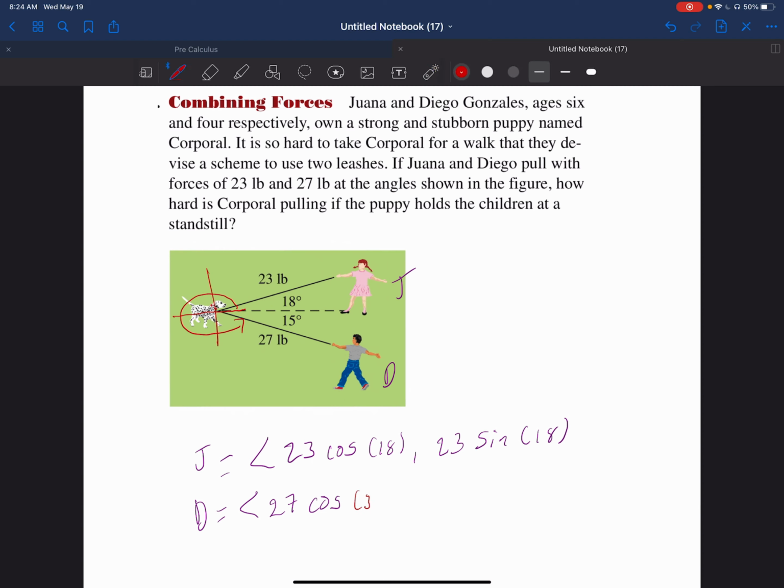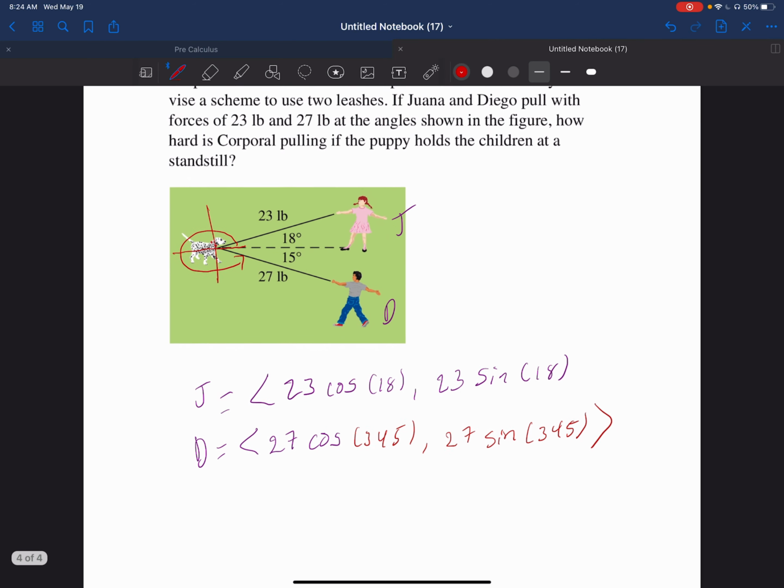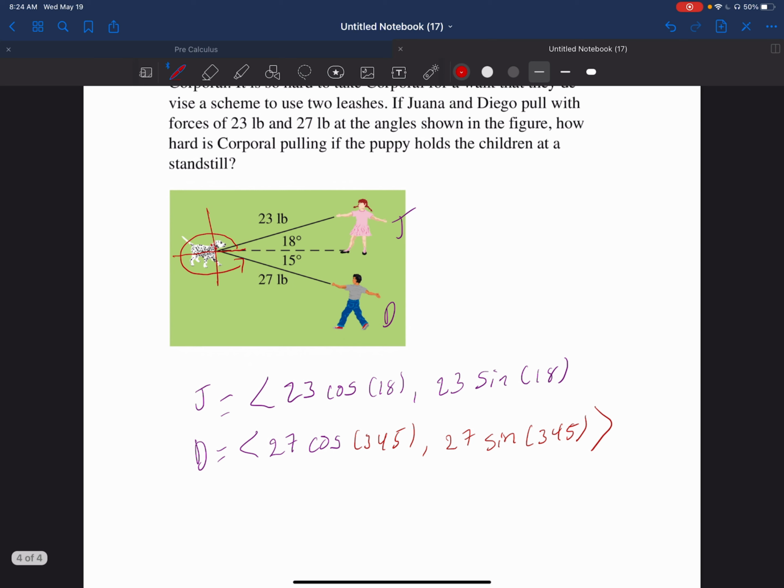So 345 will go here, comma 27 sine of 345. Again, all I'm trying to figure out is what the vectors for J and D are, and then use those vectors to figure out how hard they have to pull in order to keep the dog from not moving at all.